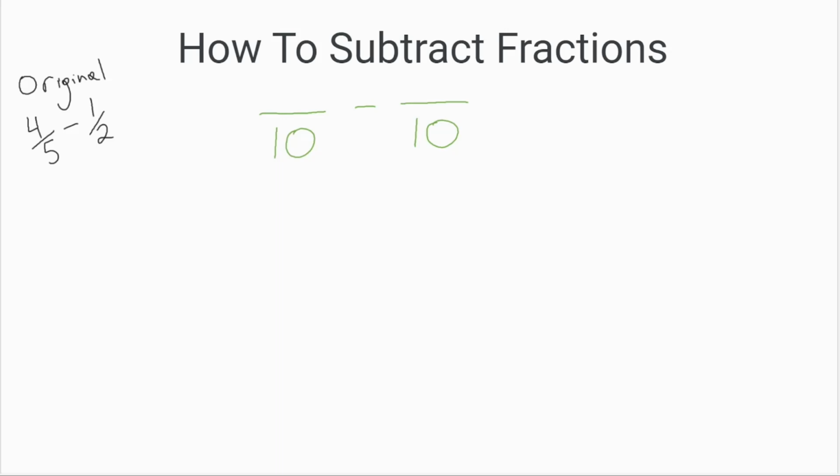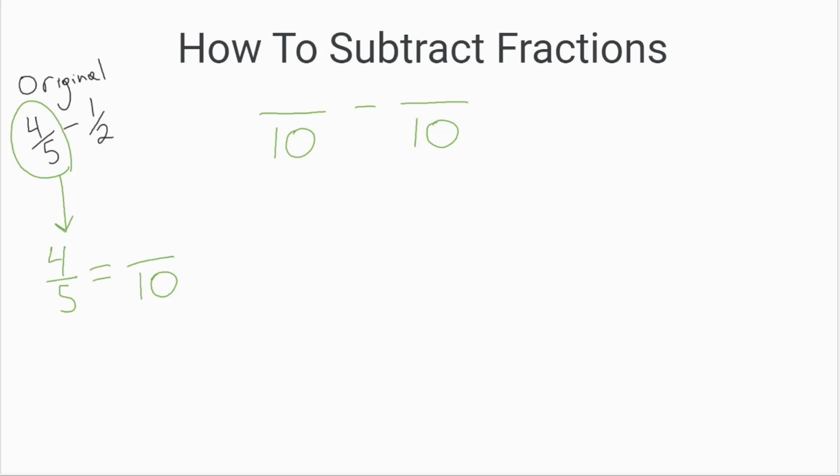Now to find these numerators, or the top values of my fractions, I need to look at each fraction individually. So let's look at 4/5 from our original problem. Now I need to find what value up top would make something over 10 equal to 4/5.